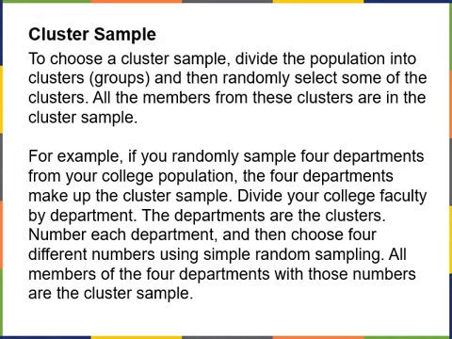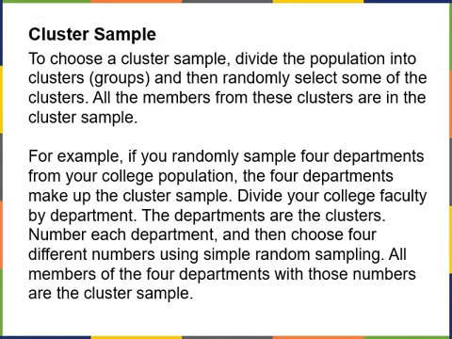It's a little different than stratified sampling, where we're picking people from different strata. In clustering, we literally take the population and chunk it off into so many people in these different clusters, and then we select a cluster, and we sample the people within that cluster.